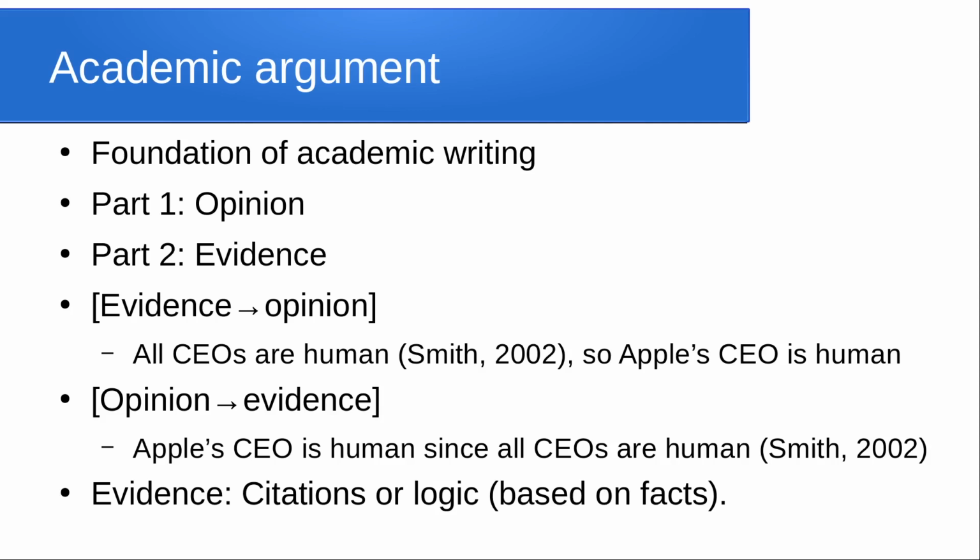You don't need to cite the fact that the earth is round, because although it is not universally accepted, because some people believe that the earth is flat, it is widely accepted. Most of the world's population believes that the earth is round. And so you don't need to cite that the earth is round. You can just use that in your argument.